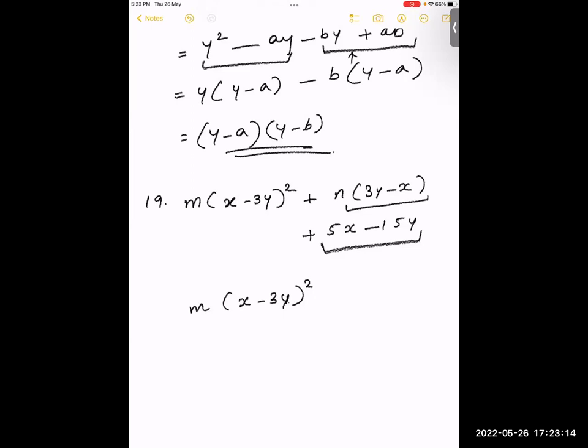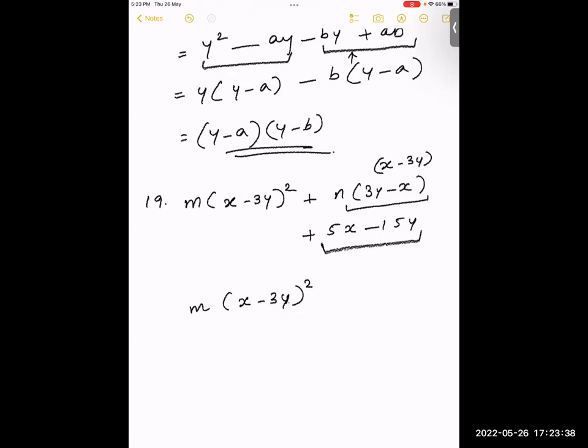What can we do to make it x minus 3y? I want x minus 3y. How can I make it x minus 3y? From the given thing, if I take negative out, will I get x minus 3y? Just take negative out.